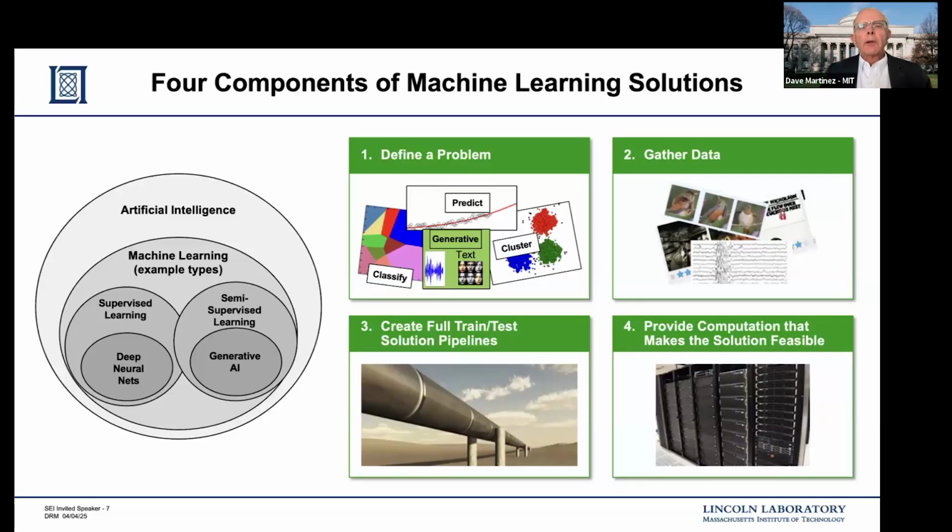But what do you need to implement the machine learning solution? Obviously, you need to define what problem you are trying to solve. And that's why I want to speak about traditional AI and generative AI, because I find that in many conversations everybody thinks the answer to everything is generative AI. And I'm here to tell you that's far from the truth.